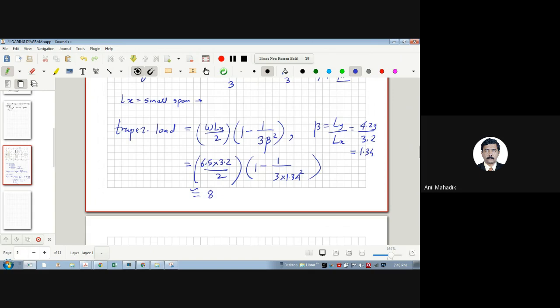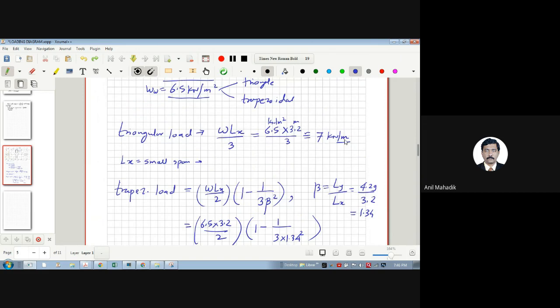Now see how I got the doubt here. Why did I get a doubt? Tell me. You said something like 6 previously. So there is no problem in making a mistake or error, but you should find out whether it is right or wrong. Actually, see, triangular load should be less, isn't it?